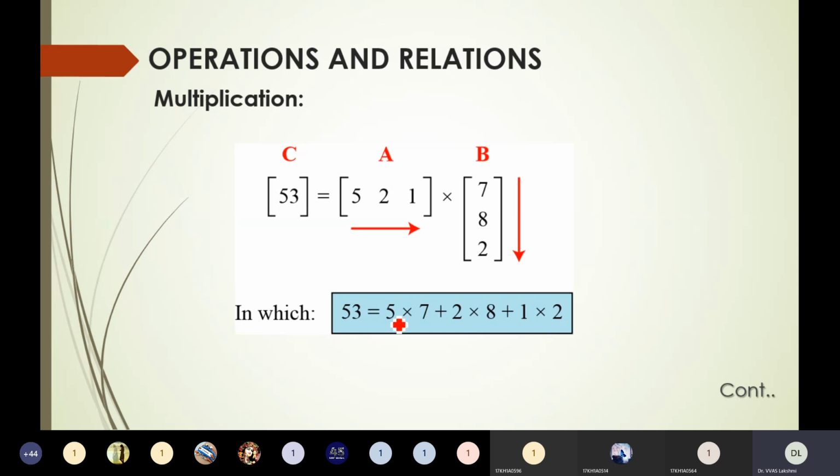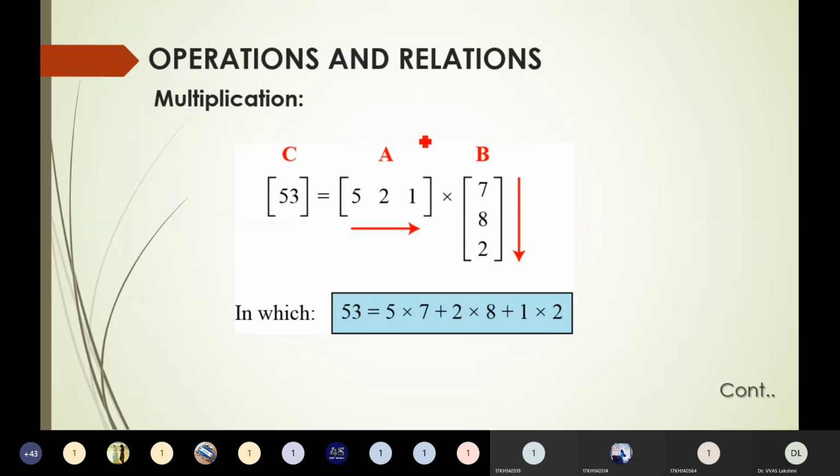Okay, next we will move to the multiplication operation. So whenever you are going to do multiplication, what is the rule? First row of the first matrix is multiplied with the first column of the second matrix.